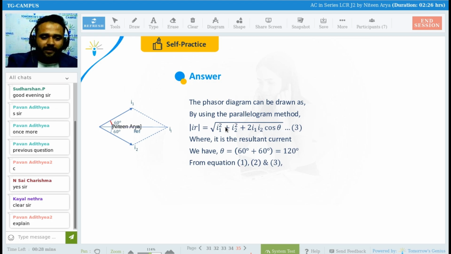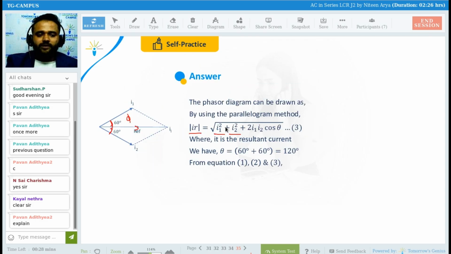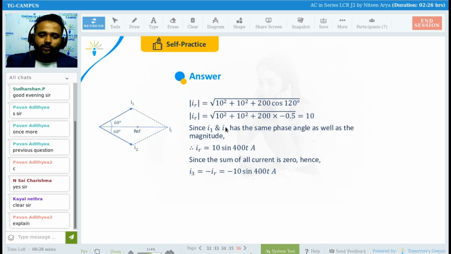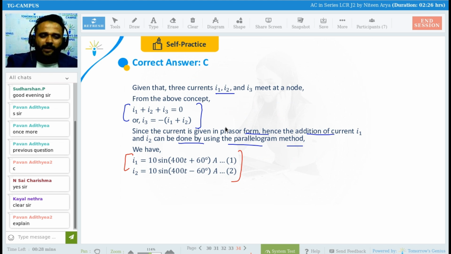I1 is leading, or lagging behind, by 60 degrees, and that is your reference point. So the phasor diagram can be shown like this by using the parallelogram method. The net IR is nothing but the square root of I1 square plus I2 square plus 2 I1 I2 cos theta, where theta is this whole angle, 120 degrees. From equations 1, 2, 3, I1 and I2 you cannot add directly, so you need to find the RMS values, 10 square plus 10 square, because if I'm not wrong, 10 is given as the maximum value.